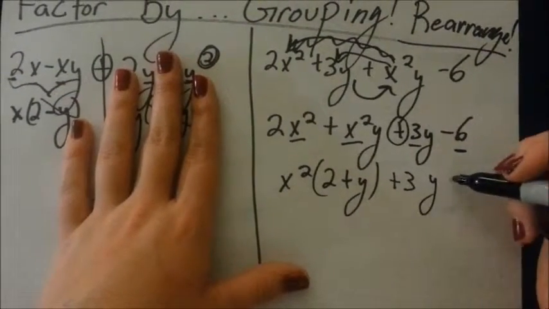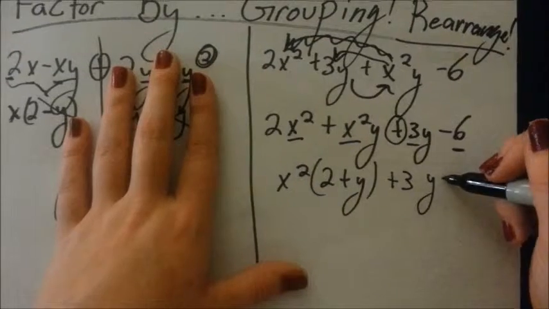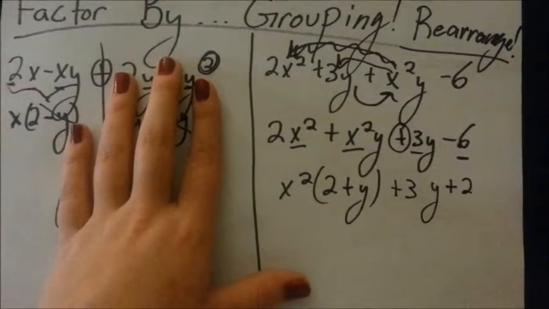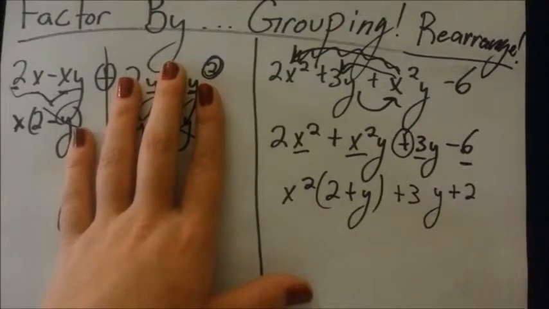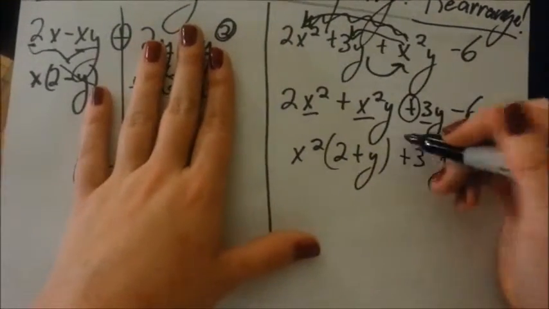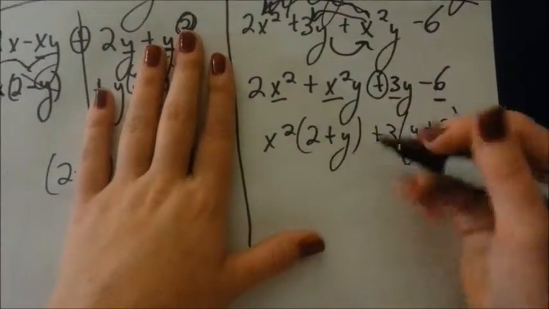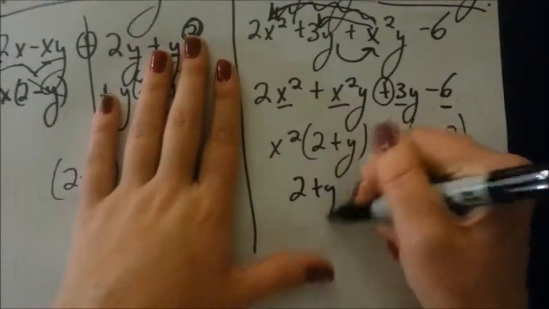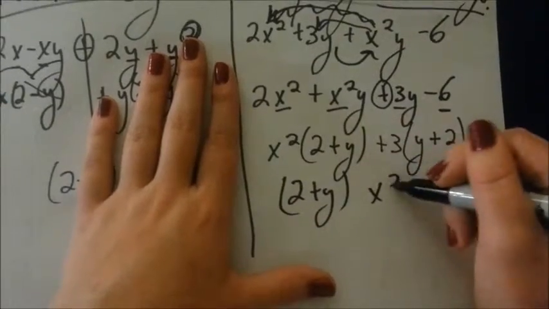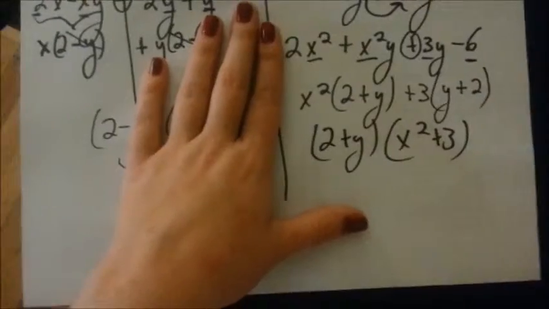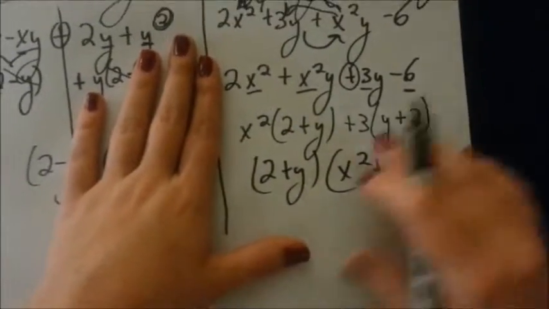Now we have y plus 2. Oh, wait. Yes, okay. Sorry about that. We have 2 plus y and x squared plus 3. All right, there we go.